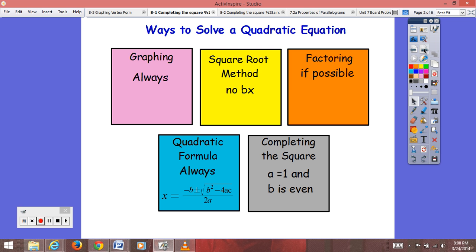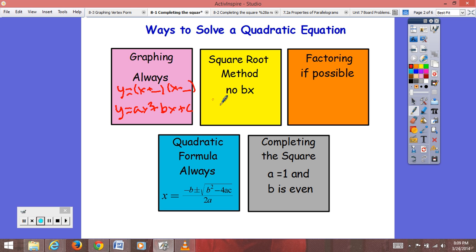So, if we look at our ways to solve a quadratic equation, we can always use graphing. We can always graph when we're in factored form, so that would be y equals x plus something, x minus something, or if we're in standard form, y equals ax squared plus bx plus c.